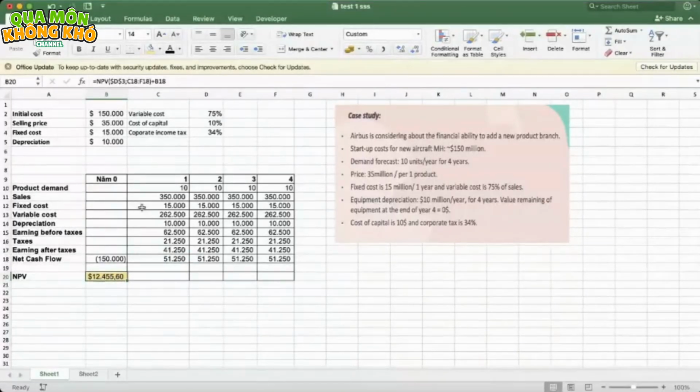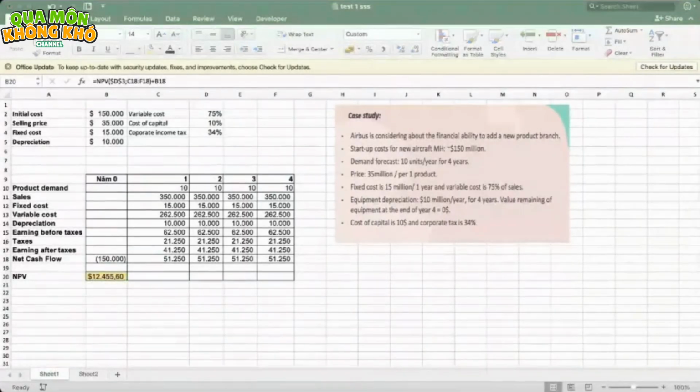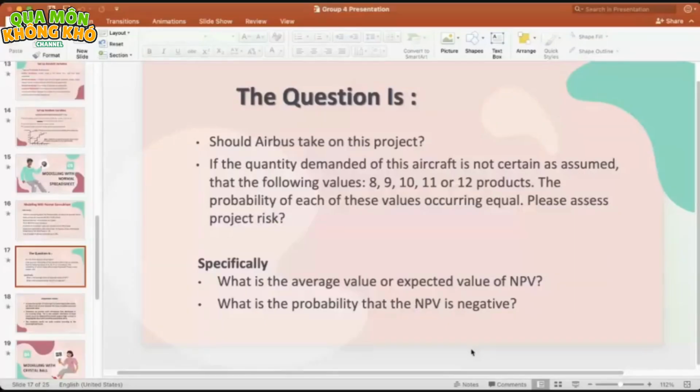The net present value uses the cost of capital, and we can use the NPV function, which we have learned a lot about in many corporate finance courses. But the problem here is: should Airbus take on this project if the quantity demanded of these aircraft is not certain as assumed?